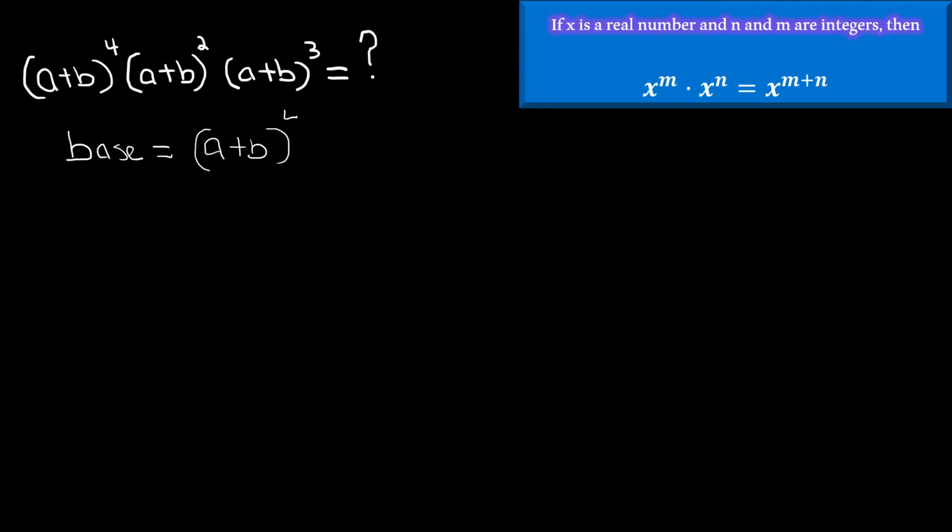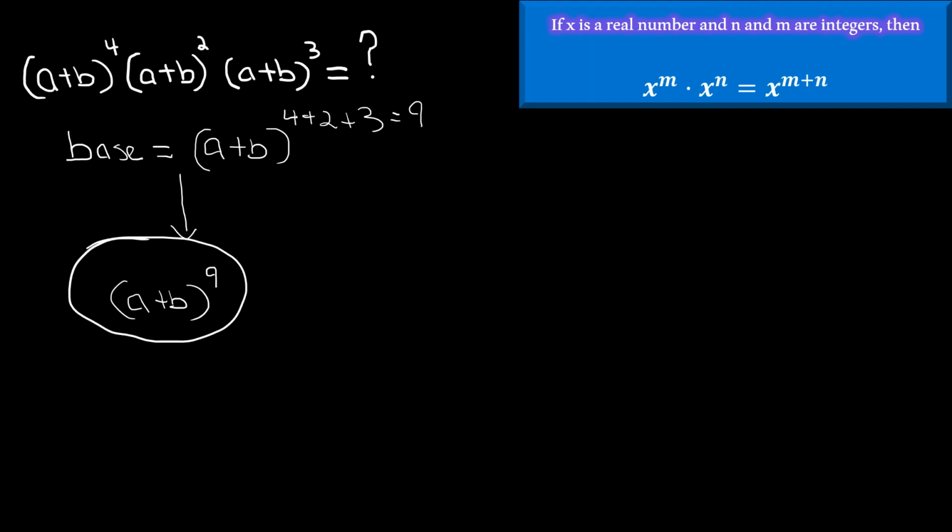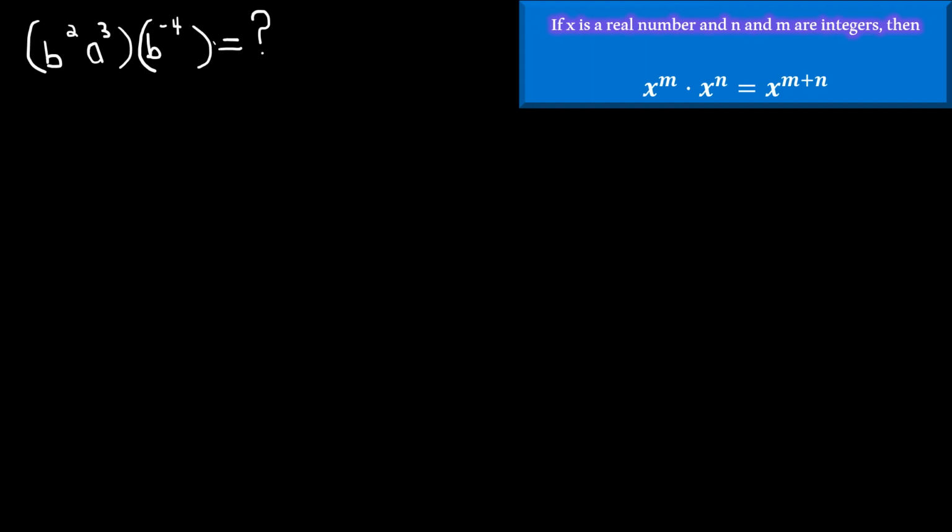So we can say 4 plus 2 plus 3. Our answer would be a plus b to the, let's see, 4, 5, 6, 9, to the ninth power. A plus b to the ninth power. Let's go again. I ain't done yet.